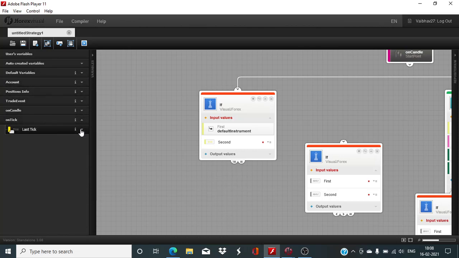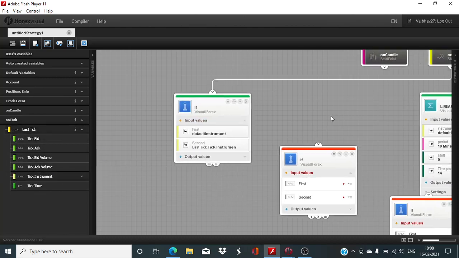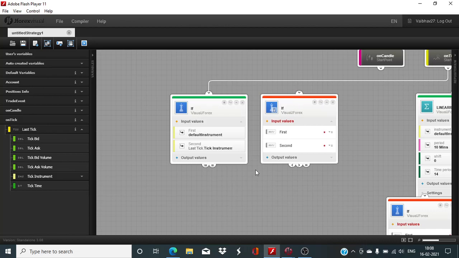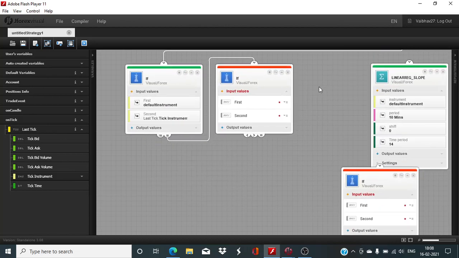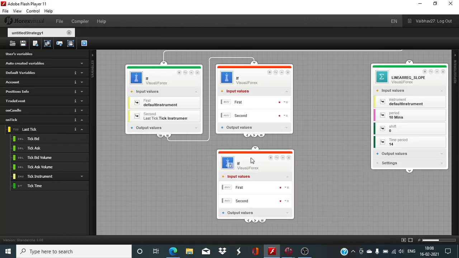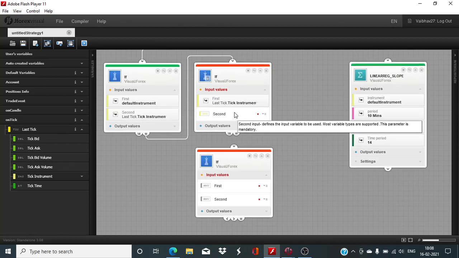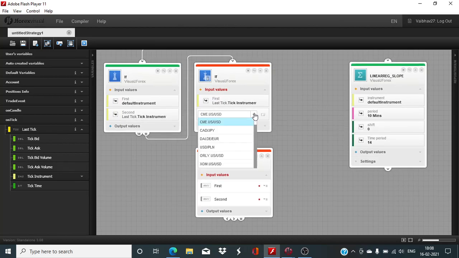Then we also have to see that the default instrument is being matched with the tick instrument. So like this, and then this tick instrument should be the instrument of our choice, which is Euro USD.